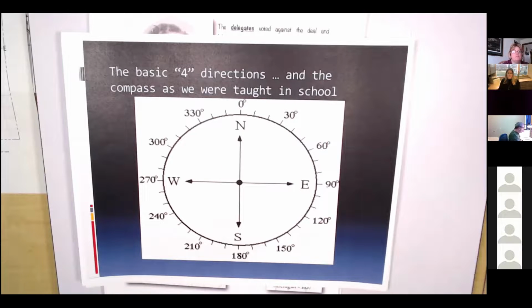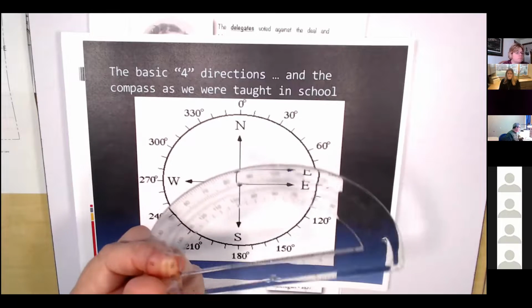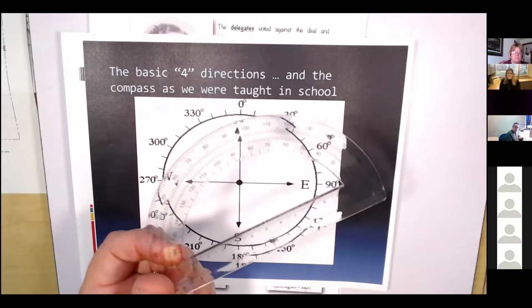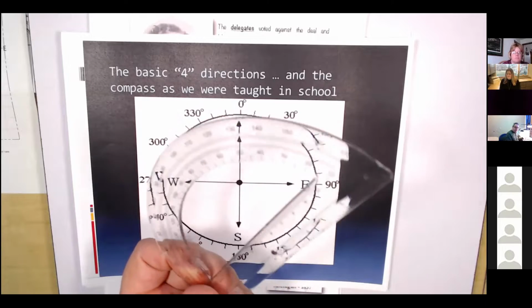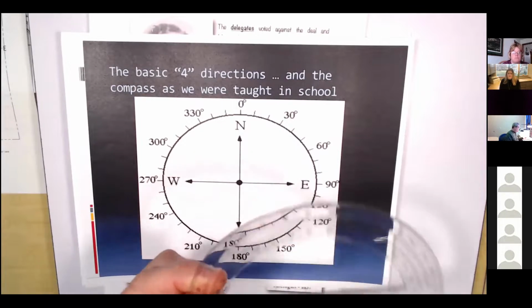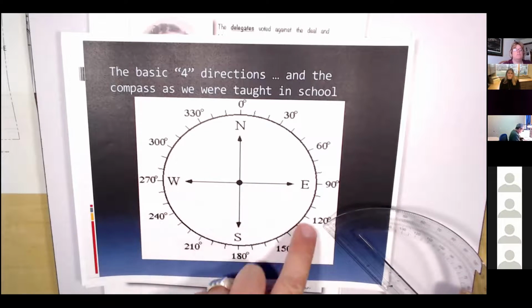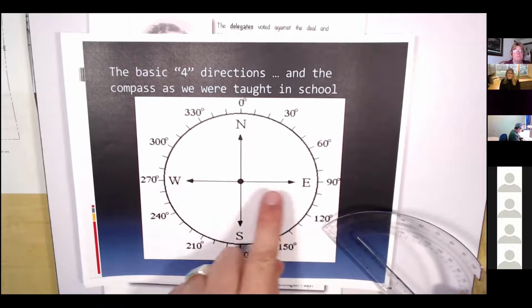So most of us grew up back in school with one of these things. Everybody had one of these in their desk. And for what we're doing now, if you have one of these, it's of some value, but it's almost worthless now. Back when we were in school, we were taught that there were north, south, east, and west.